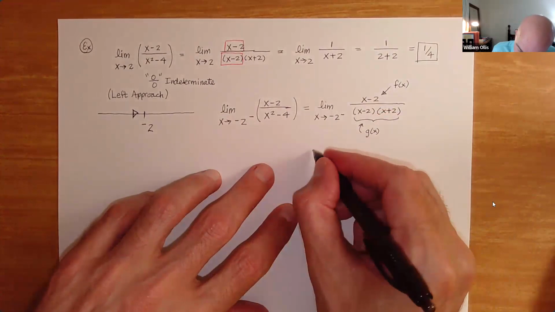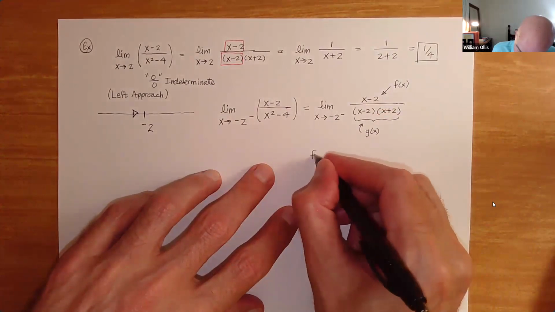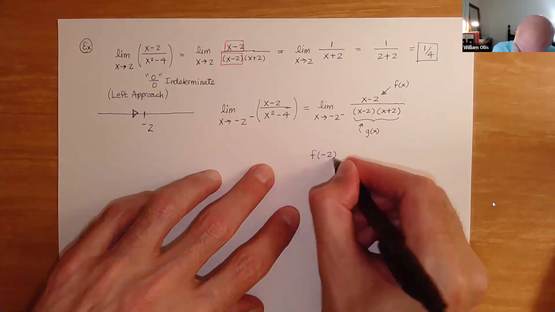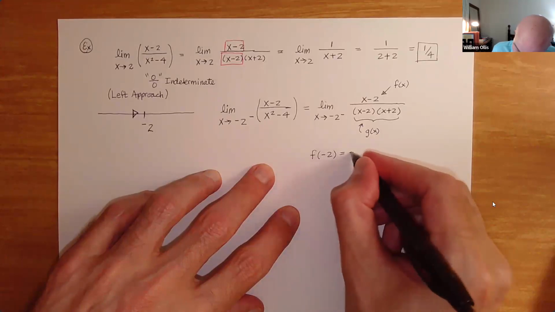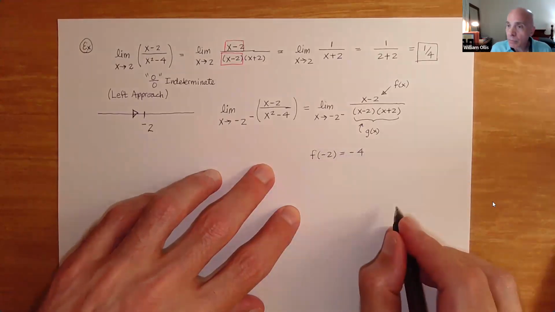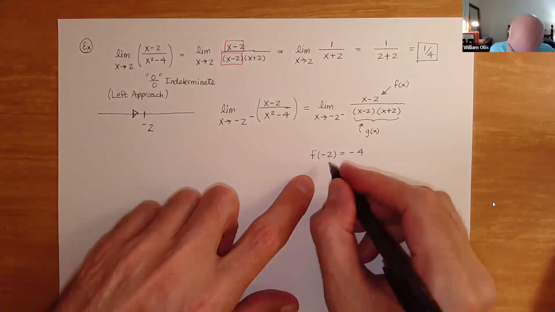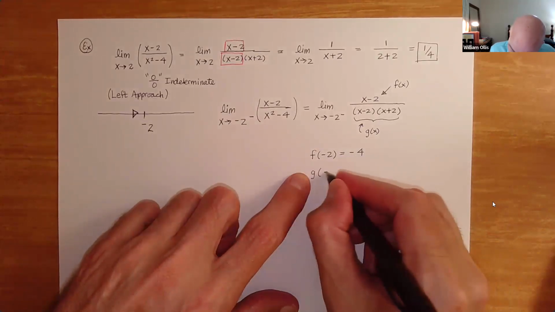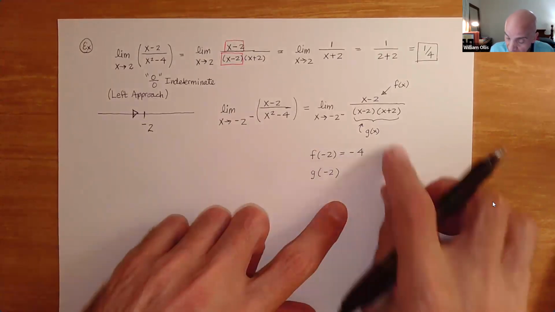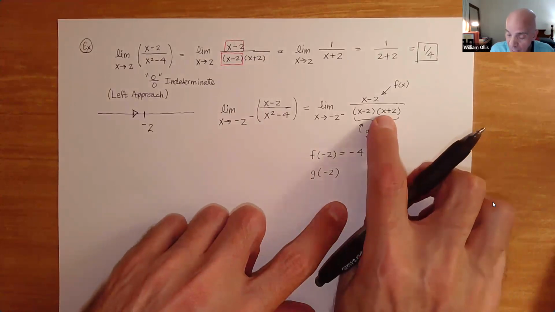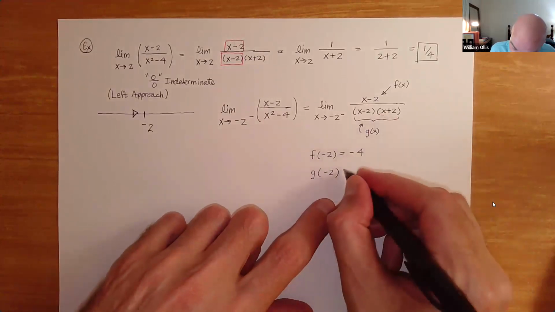And so we could say that f of -2 equals -4. And now g of -2, clearly we've got a 0 here in this component, x plus 2, so we would say equals 0.